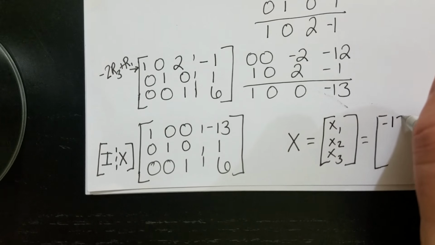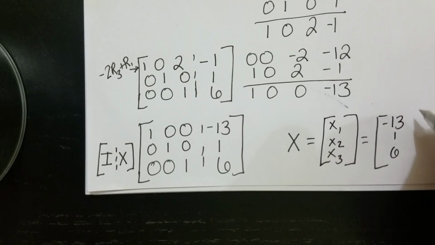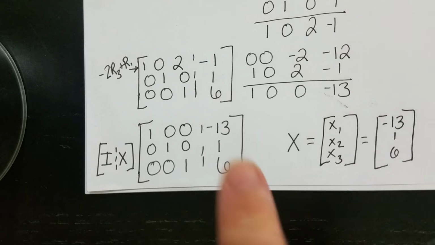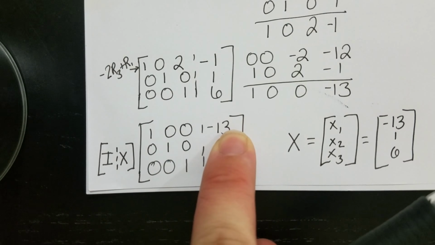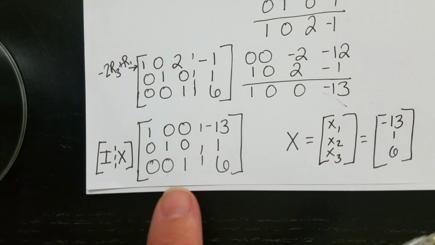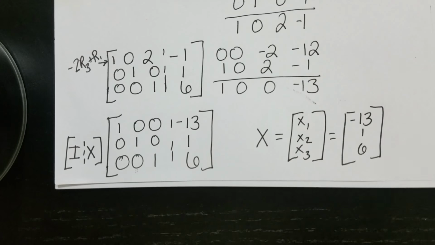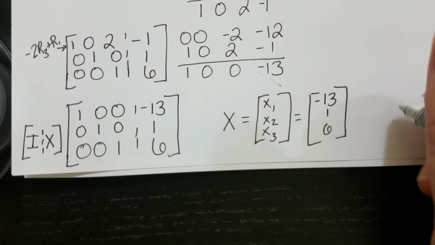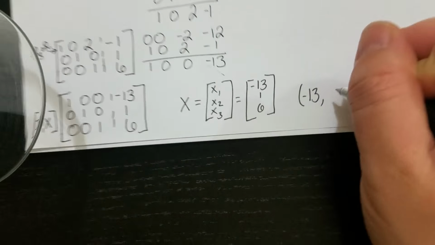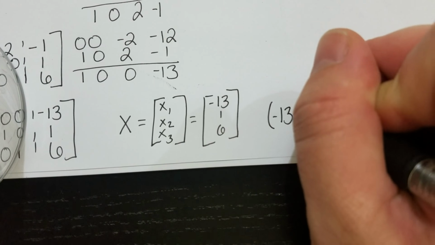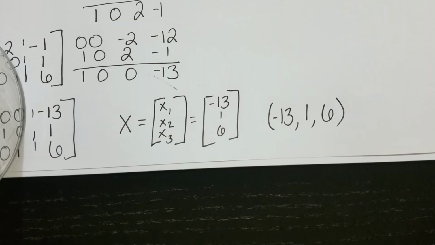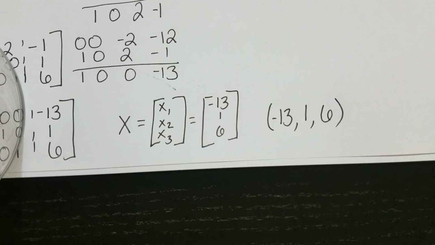Really, this is the notation, but an easier way to think about it clearly is that X1, the first one, equals negative 13, X2, the second one, equals 1, and then X3 equals 6. If you were writing this as an ordered triple, you would just write them in order: negative 13, 1, and 6. As always, plug it back into the original just to make sure that you've done it properly.